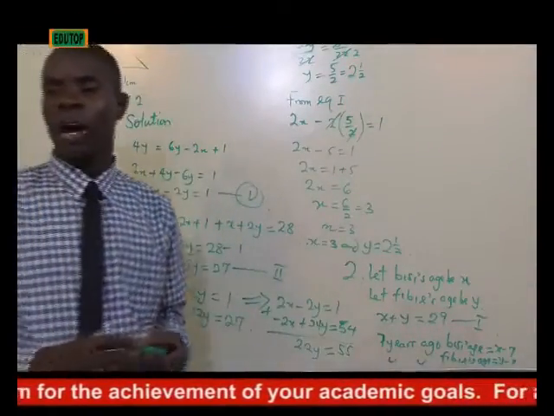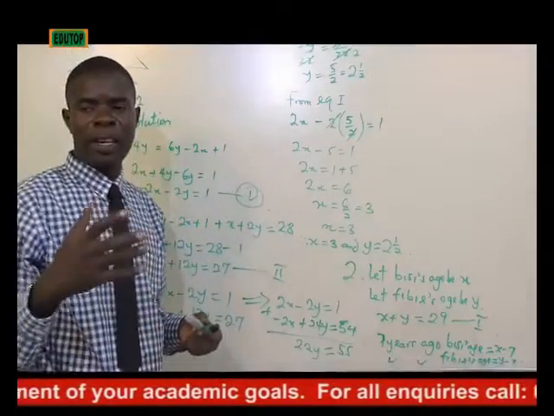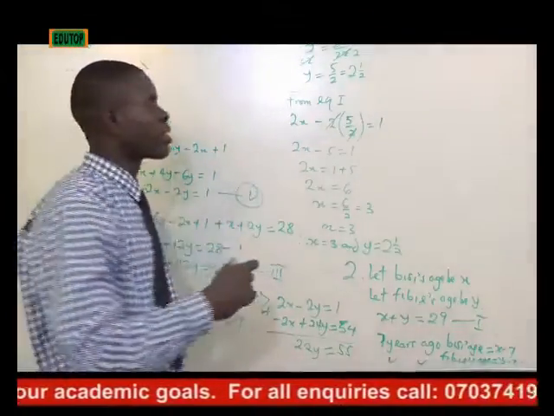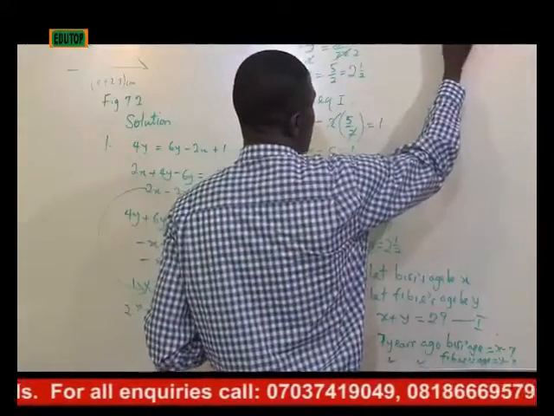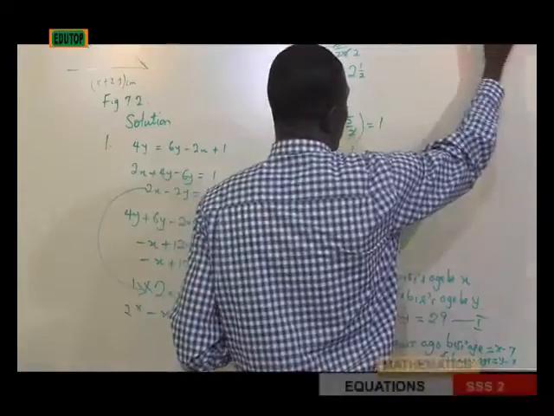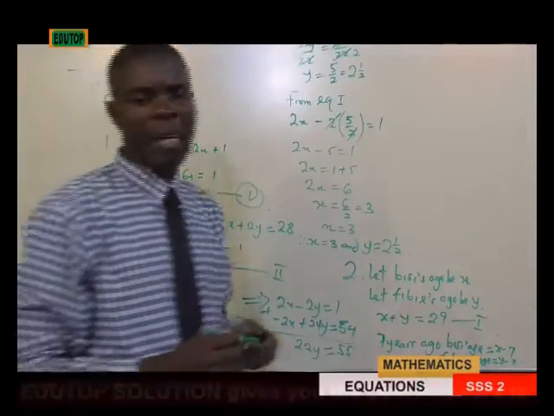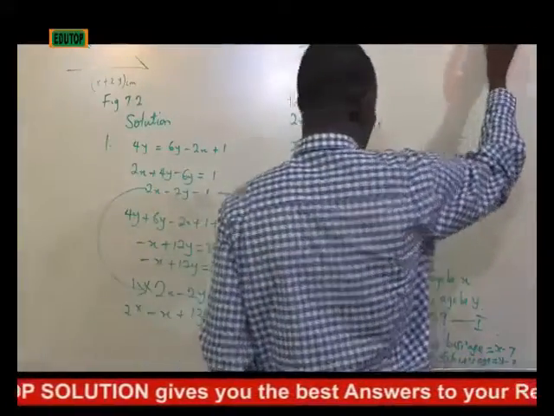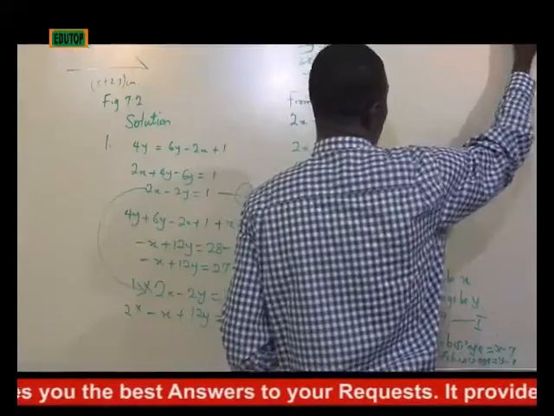Okay? So now, the question says that 7 years ago, BC was twice as old as Phoebe. Since BC 7 years ago is X minus 7, and Phoebe is Y minus 7, it will be 2 times Y minus 7.